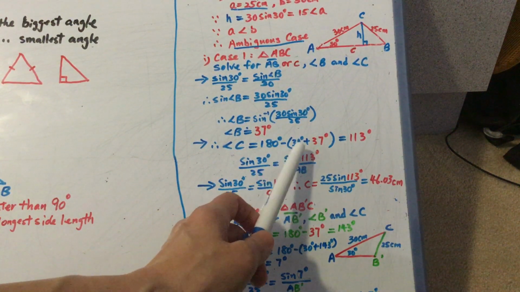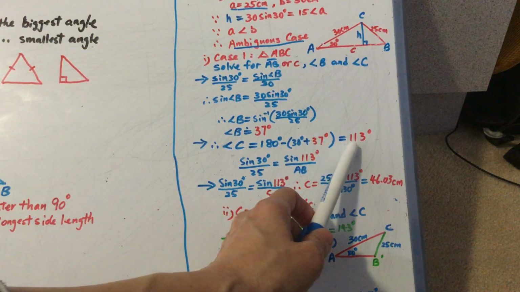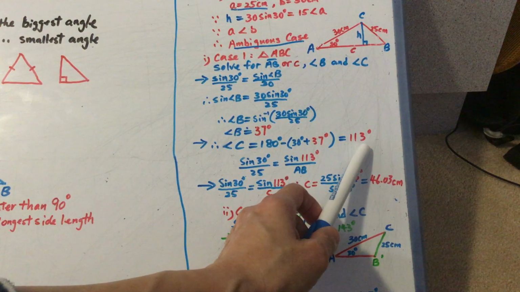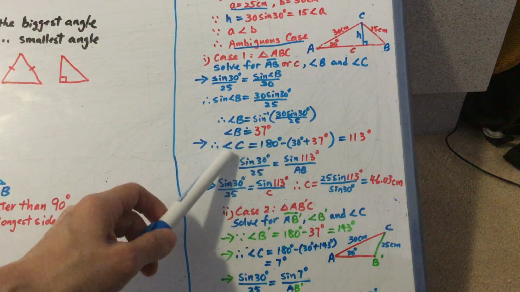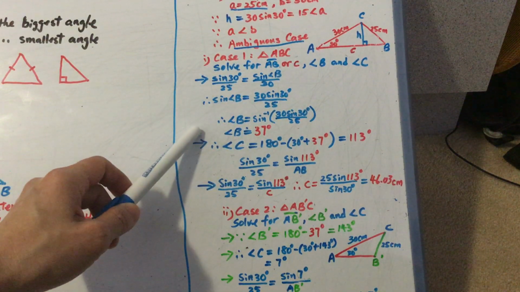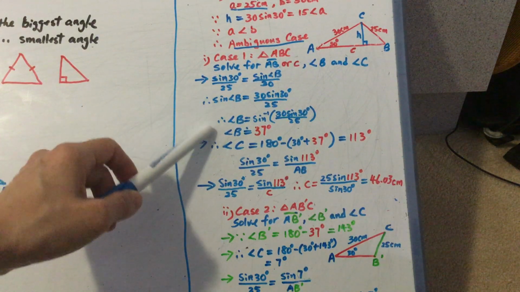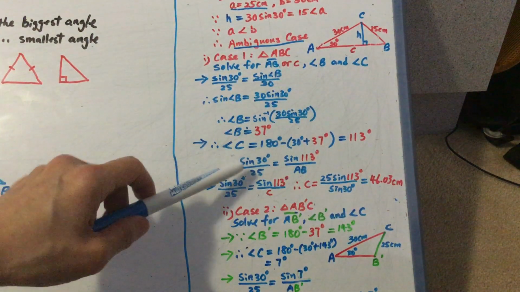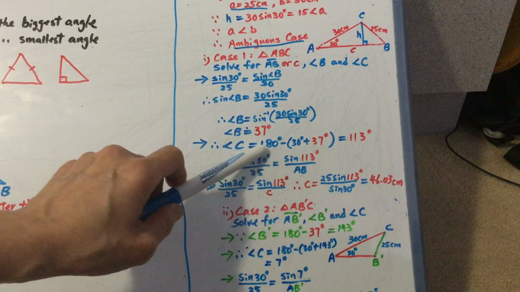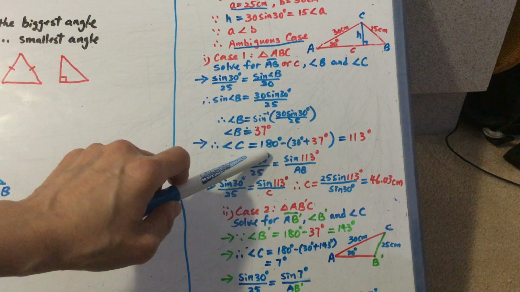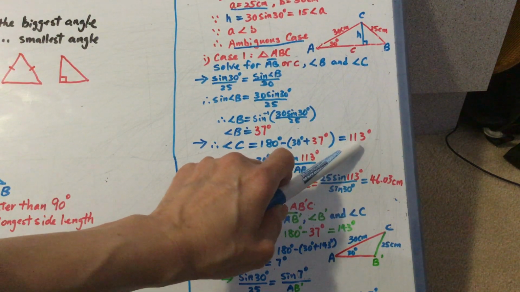When you do that, you can quickly calculate the angle C to be 113 degrees. I don't need you to use the sine law again for the angle C, like what I did with the angle B, because once you have two angles, the other remaining angle is just the difference between the sum of the two and 180. This is the fastest way to get the other missing angle.